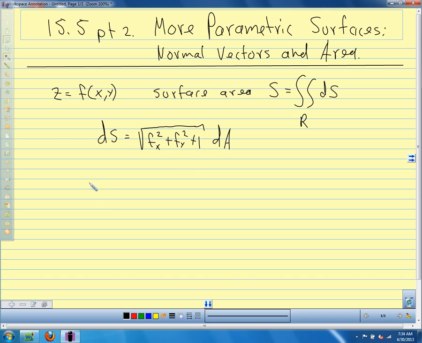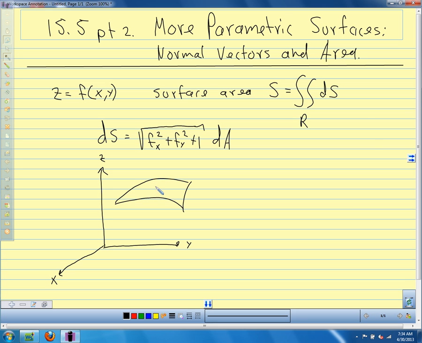So what we're looking at is we have our coordinate axes, and this is our x, y, and z. And we have some surface that's represented parametrically. And our parameters are u and v, like we talked about yesterday.